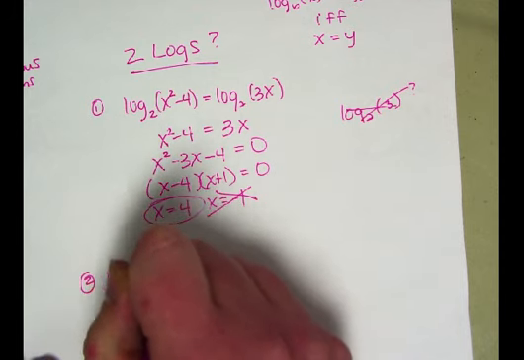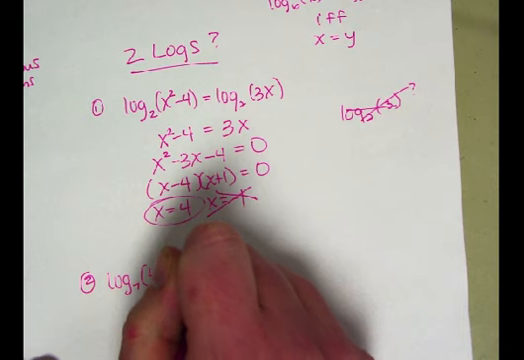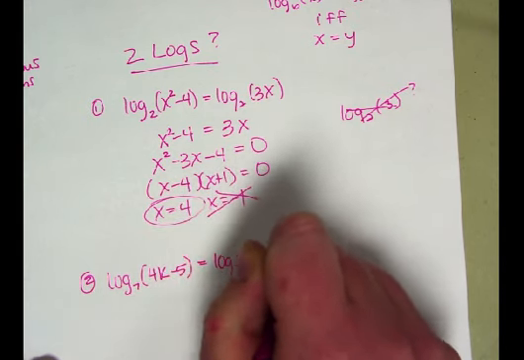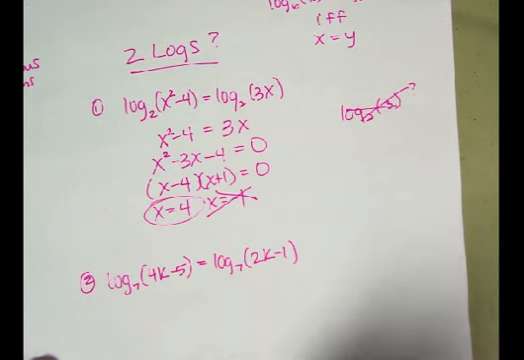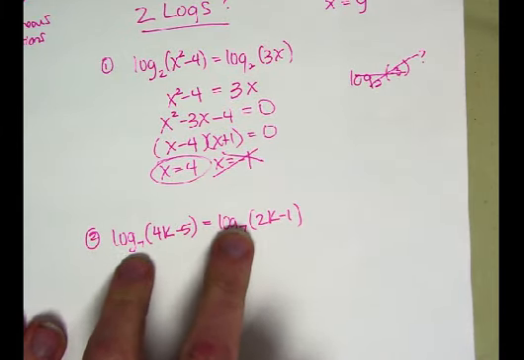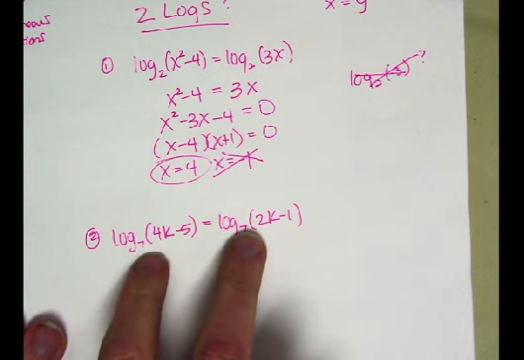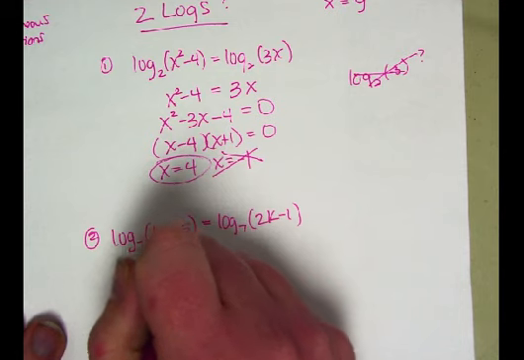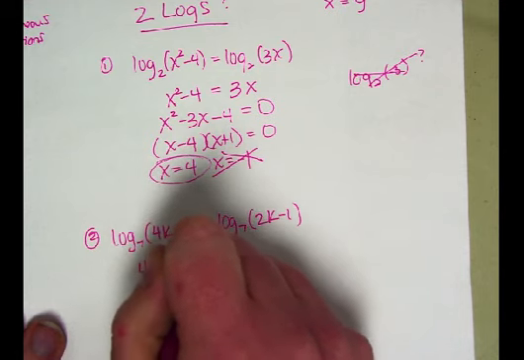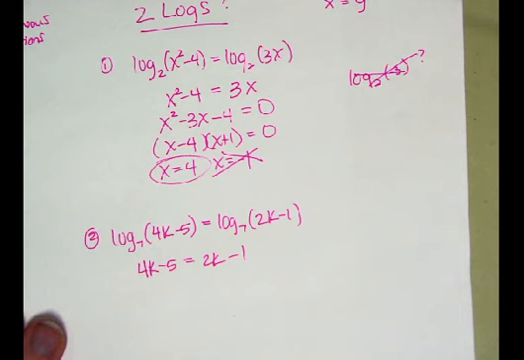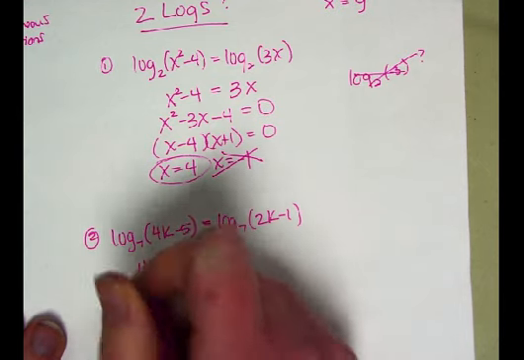Let's try one more of those. Log base 7 of 4k minus 5 equals log base 7 of 2k minus 1. As long as it's 1 log equals 1 log and the bases on the logs are equal, you can essentially ignore the logs and set the arguments equal. 4k minus 5 equals 2k minus 1. We'll solve for k.